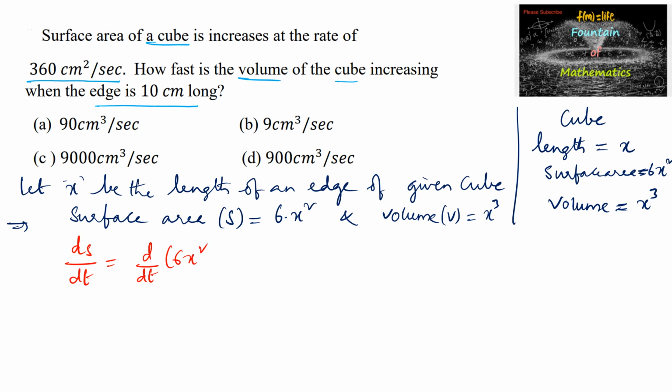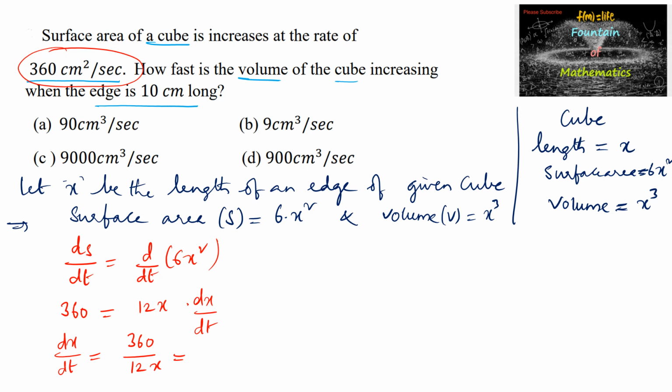Since the rate of change of surface area is given as 360, we can write 360 is equal to 12x into dx by dt, or dx by dt is equal to 360 divided by 12x. 12 times 30 is 360, so we can write 30 upon x. You can make a note: dx by dt is equal to 30 upon x.